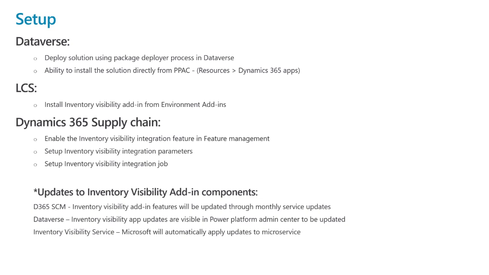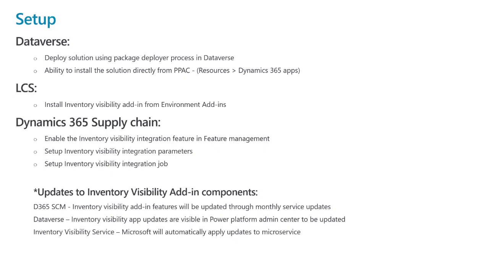So you can go and log into the D365 supply chain environment. You can enable the inventory visibility integration features, and that will light up a couple of new forms for you in the system. The first form you have to go to is inventory visibility integration parameters, where you will set up the endpoint. Endpoint is one of the important setups, which we'll see in the next couple of slides.